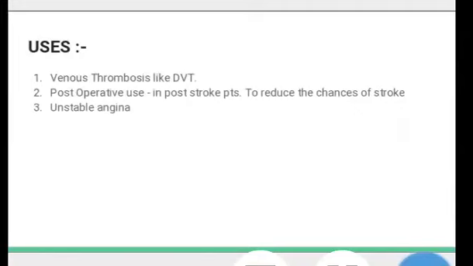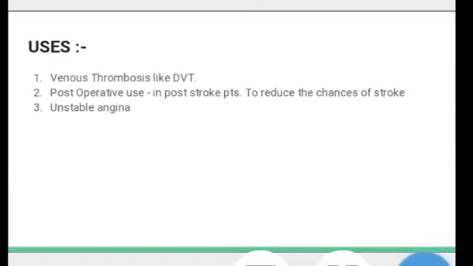After the drug interactions, we will see the uses of anticoagulants. Oral anticoagulants are prescribed for venous thrombosis like DVT. Another use is in post-operative patients for prevention of clots, and in post-stroke patients.